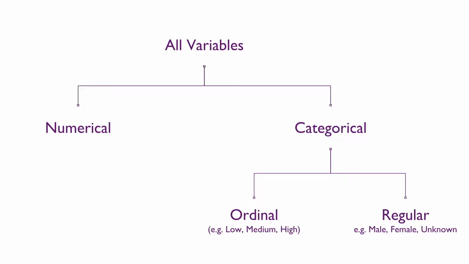The challenge arises with a regular categorical variable which does not have any order in between. Examples of regular categorical variables are male, female and unknown. What to do with regular categorical variables?